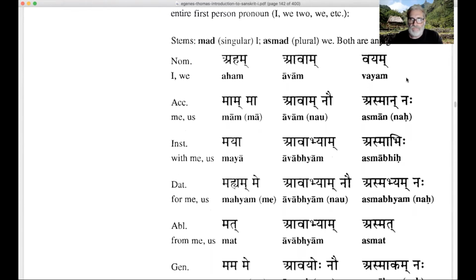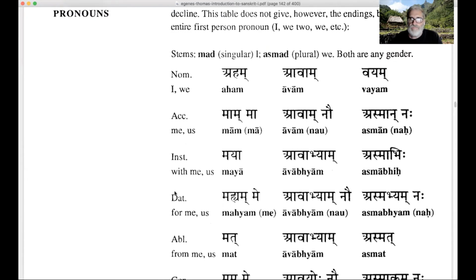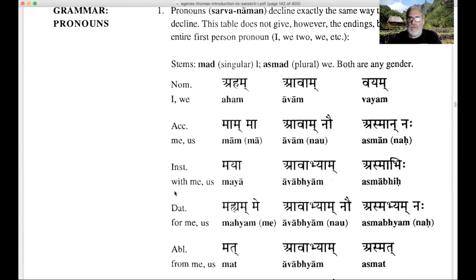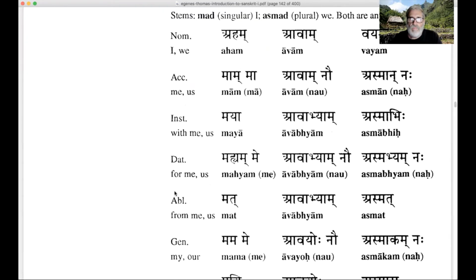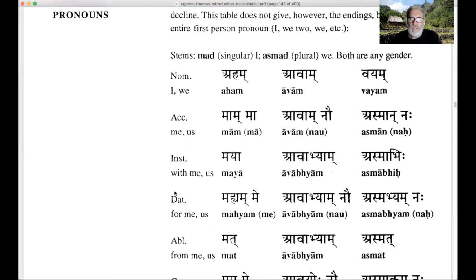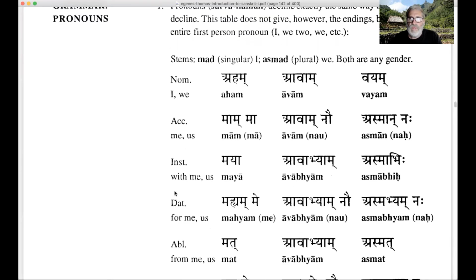So it goes like this. You see on the side here, we've got nominative, accusative, instrumental, dative, ablative, genitive, and locative, right? Those seven cases. We don't have a vocative. Okay. So it goes like this.